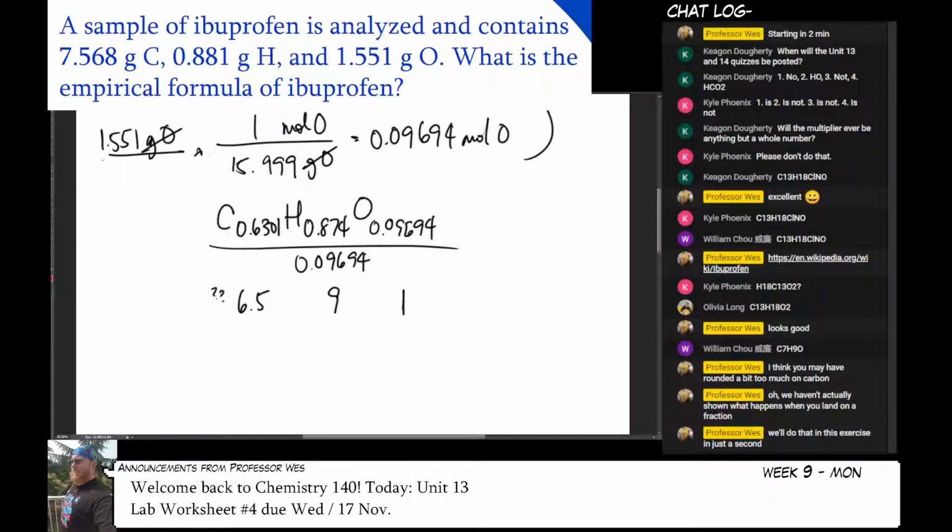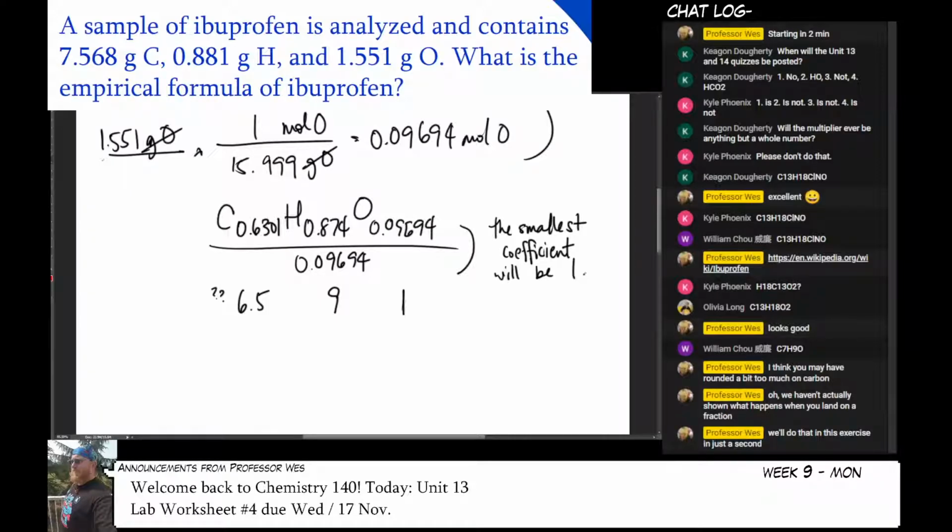And the reason that you get a fraction is because when you do this method, the smallest coefficient will be 1 because you're dividing a number by itself, right?